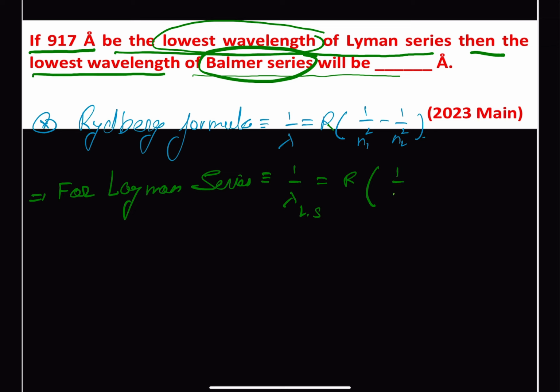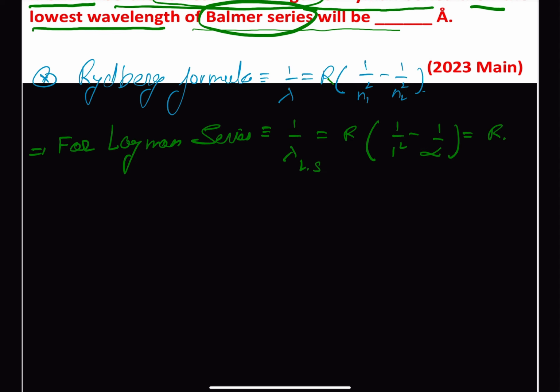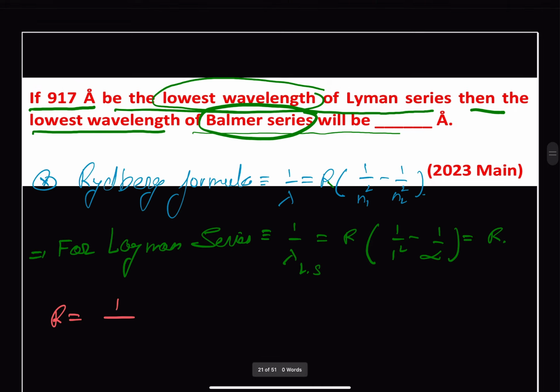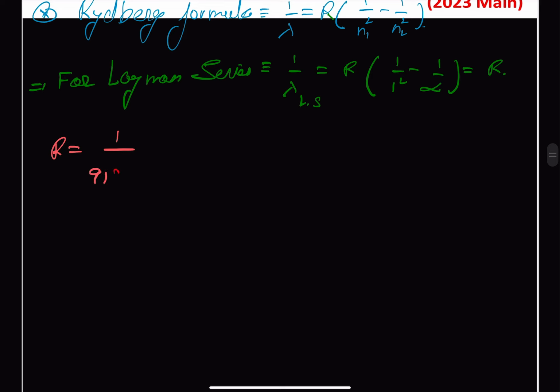So this becomes 1 upon 1 square minus 1 upon infinity, and this gives us R. Therefore R is equal to 1 upon 917 into 10 to the power minus 10, which is approximately 1.091 into 10 to the power 7 per meter.